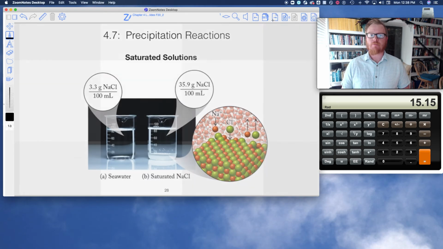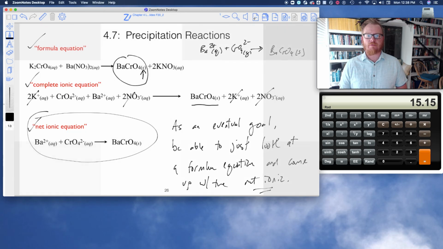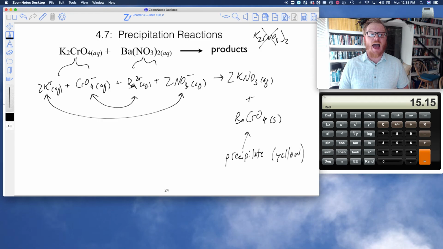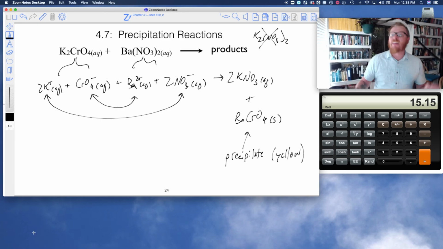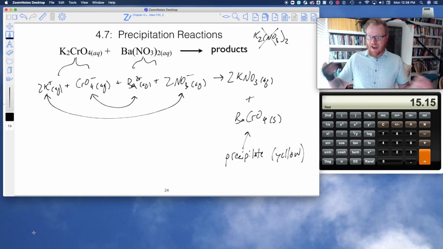Okay? And just reiterating, this is the important thing: being able to use this solubility chart as well as being comfortable breaking up these compounds into their respective ions and then forming new compounds by doing that double displacement, exchanging cation and anion.